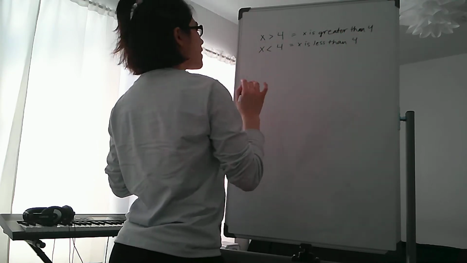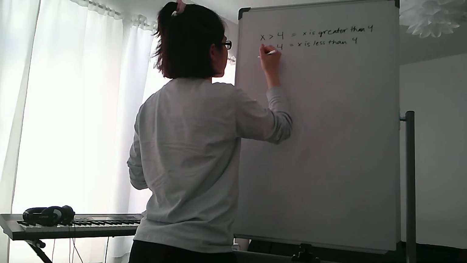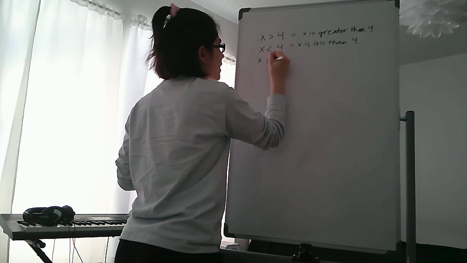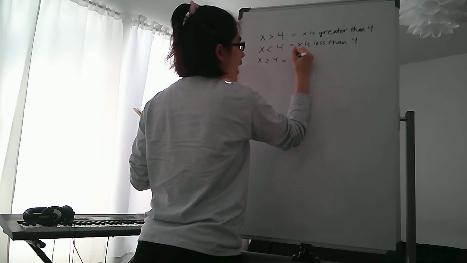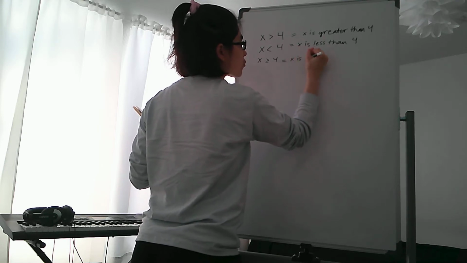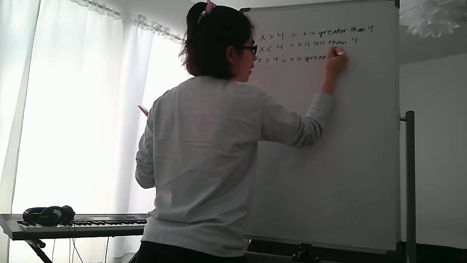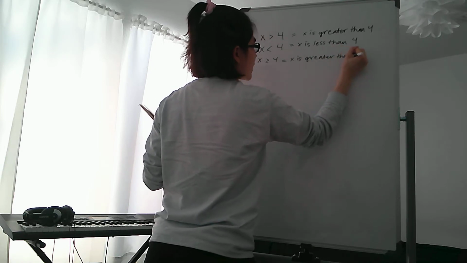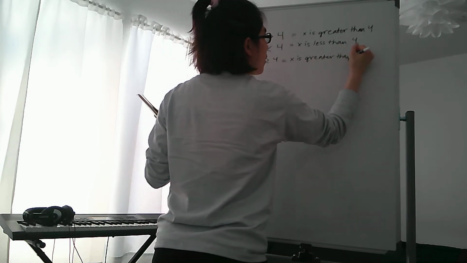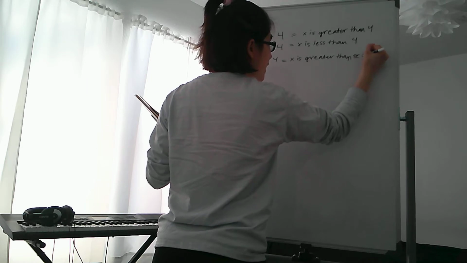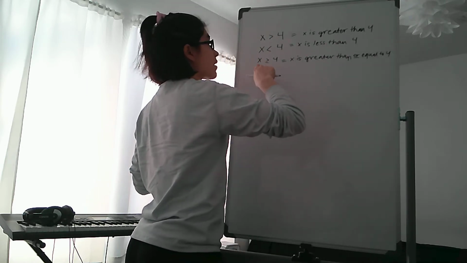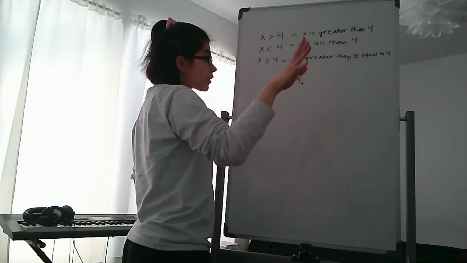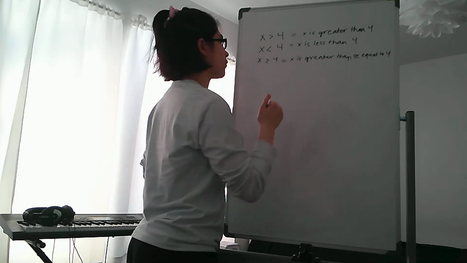Okay? And then there's also two other special cases. You might also see this. Okay? It's got that little line. That means X is greater than, just like up here, or equal to 4. So it can be more than 4, it can be bigger than 4, or it can be equal to 4.